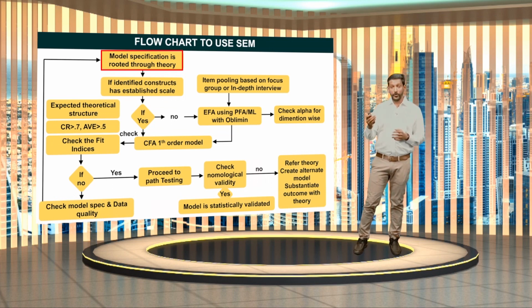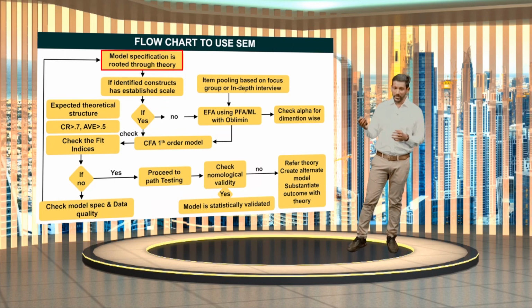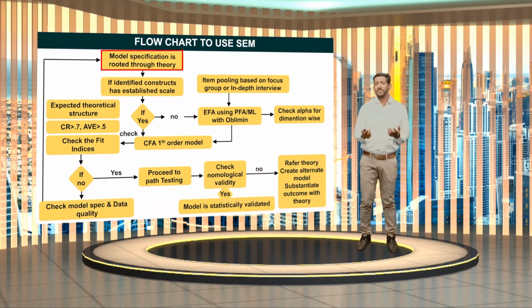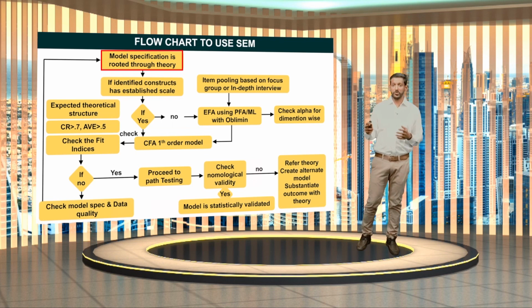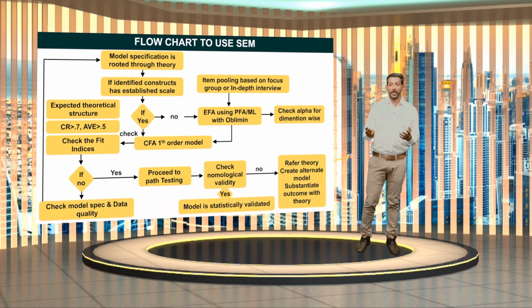If you are using EFA, check the Cronbach alpha dimension wise rather than checking the whole EFA model, because when you take the whole EFA model, sometimes it does not make any sense. Assume that an EFA model contains 20 items.